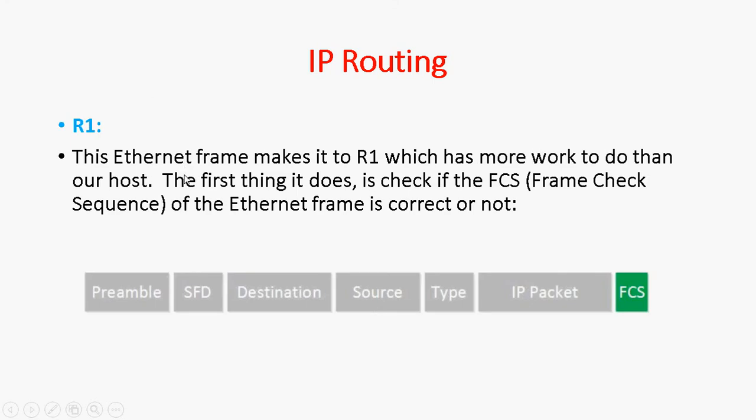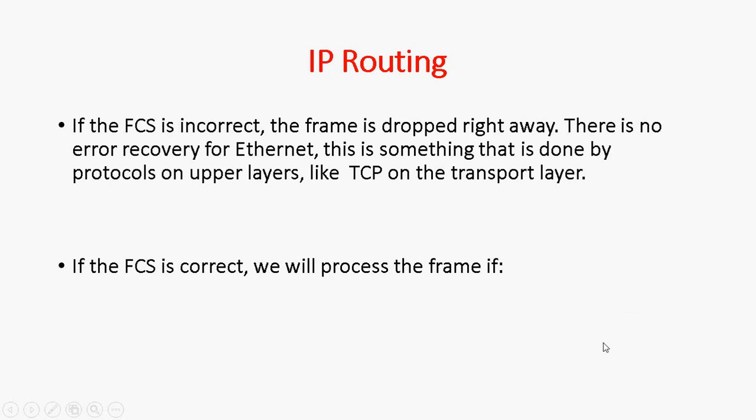Now R1. This Ethernet frame makes it to R1, which has more work to do than our host. The first thing R1 does is check whether the frame check sequence in the Ethernet frame header is correct or not. This is the part I highlighted in green. If the frame check sequence is incorrect, the frame is dropped right away.